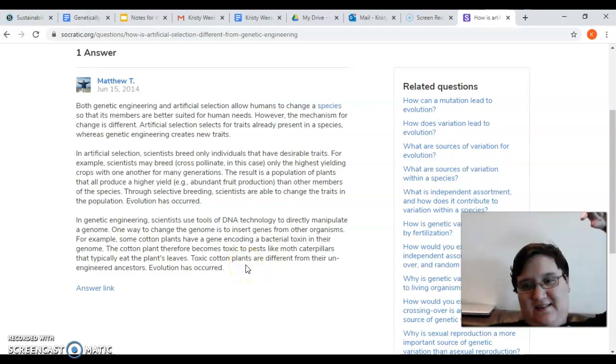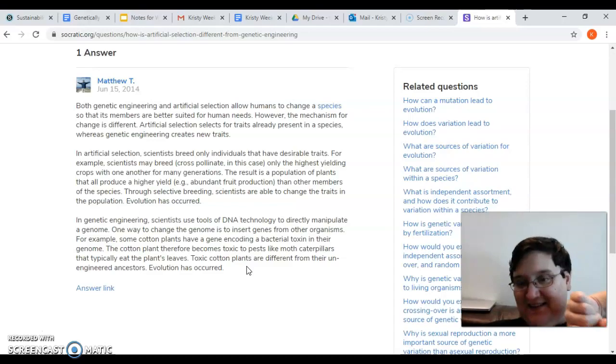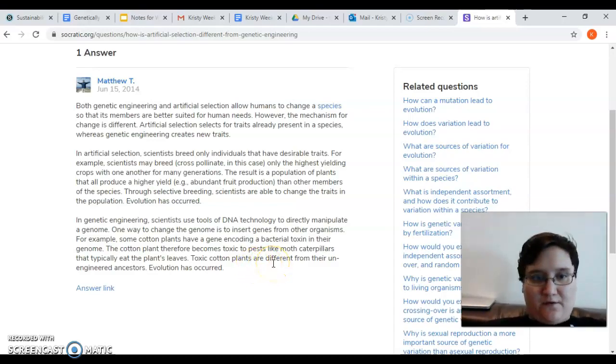is released in the cotton, so then moths and caterpillars won't eat it because they get sick. The cotton will release this toxin and it will kill moths and caterpillars. So the moths and caterpillars won't eat the cotton, so it saves the farmer some money, so he's not losing all of his or her crops to moths and caterpillars.